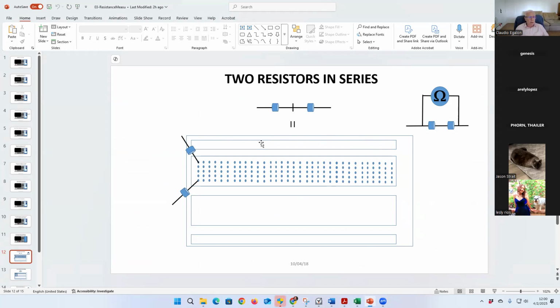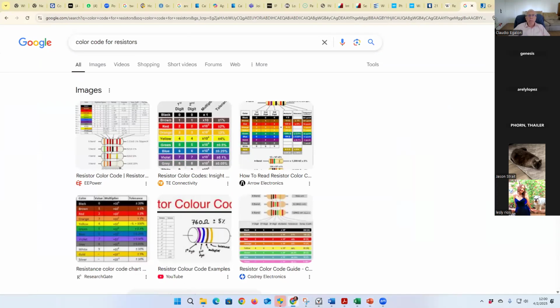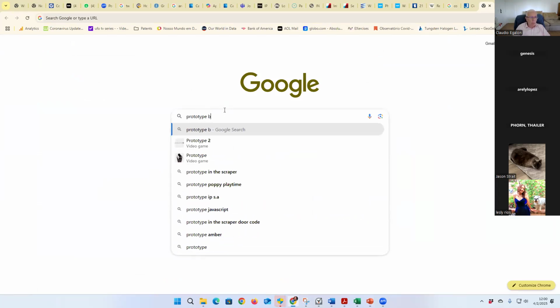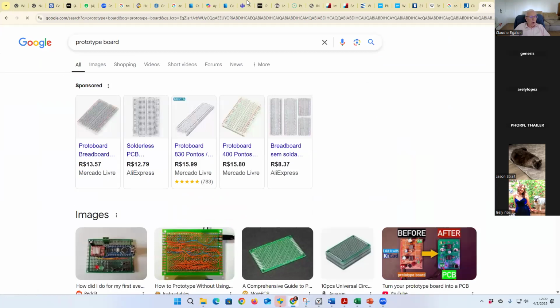I prefer to use the prototype board because your hand is not as steady as the prototype board is. Let me show you a prototype board on the internet. Okay, that's how they look like.